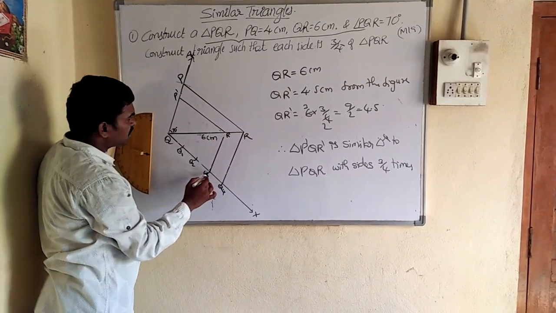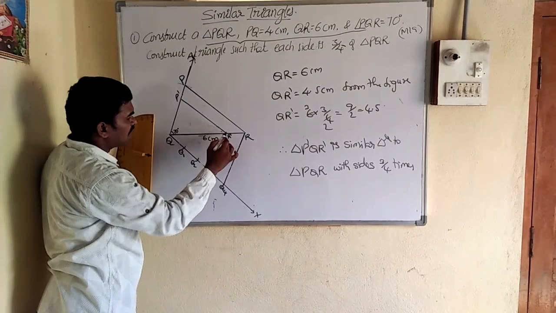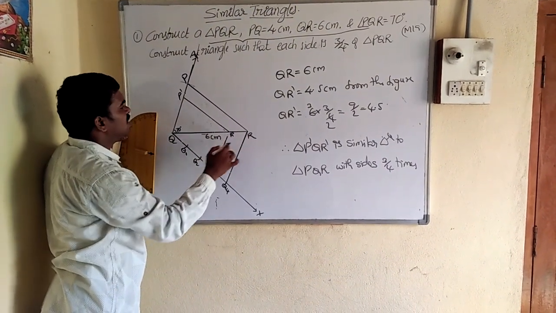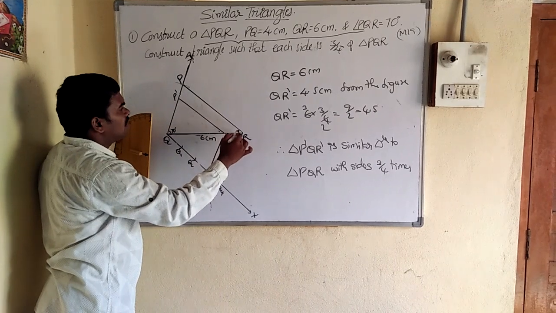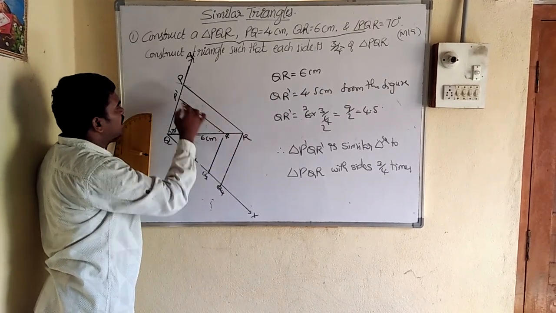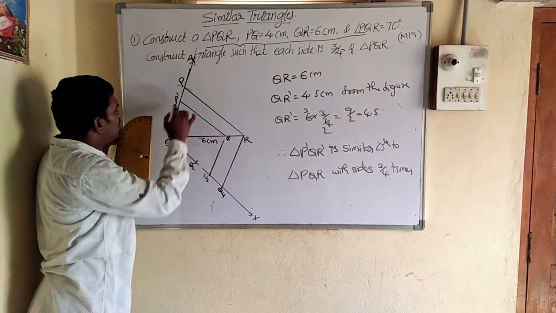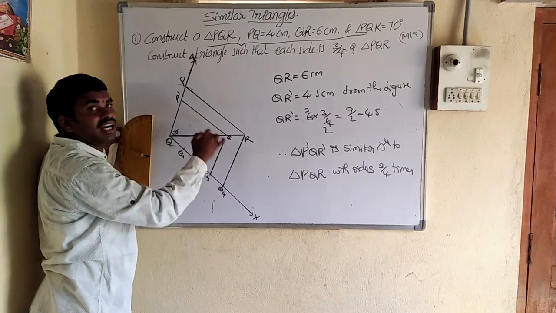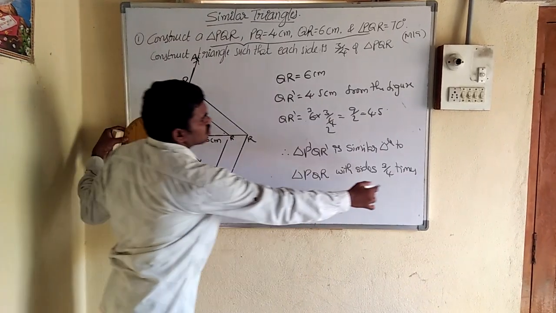So from Q3 draw R dash parallel to Q4R, and similarly draw a parallel line R dash P dash to PR. Then P dash Q R dash is the required triangle. So this is the solution.